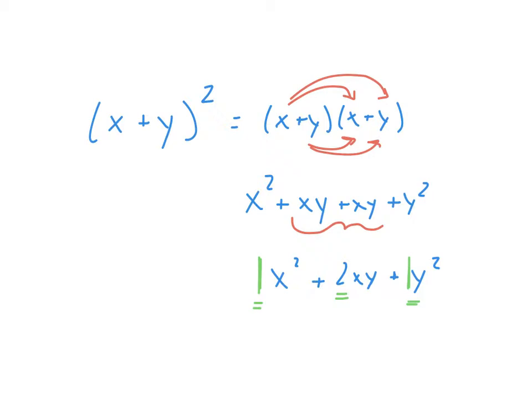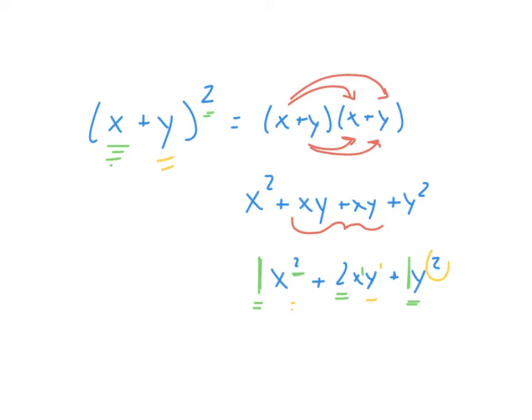And then furthermore, we notice that things happen to these variables. The x, which was in the first position, starts at power 2, x squared, and works its way down. Here's x to the 1, and then there is no x here because that's x to the 0 power, which is 1. The y, which is in the second position, starts with nothing, y to the 0 power, and works its way up to y squared.